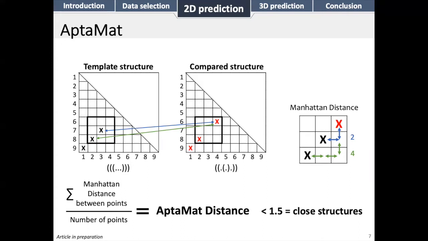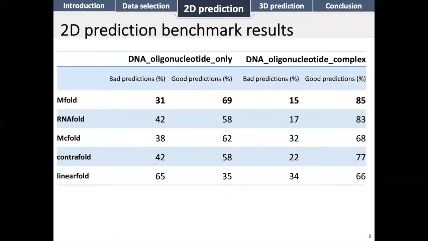As the algorithm is really complicated, you just have to know that to consider that structures are close, we have to get an Aptamers distance value below 1.5. And so we conclude about the secondary structure prediction benchmarking by calculating the Aptamers distance for all these tools.